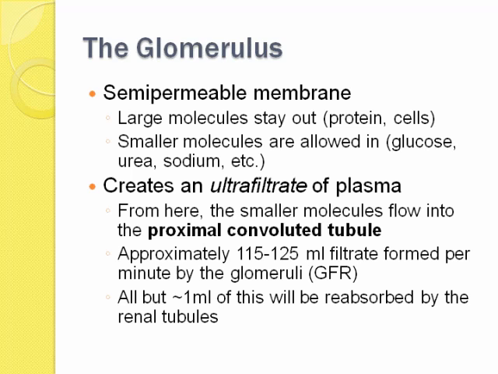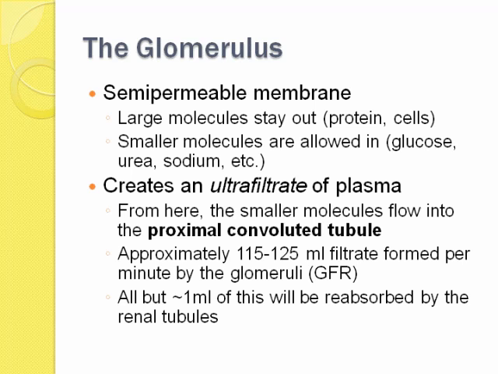From the glomerulus, that ultrafiltrate flows into the proximal convoluted tubule. About 115 to 125 milliliters of this filtrate is formed per minute by the glomeruli, and all but 1 milliliter of this ends up being reabsorbed by the renal tubules. By the way, if you didn't remember this already, we talk about the nephron as being the functional unit.